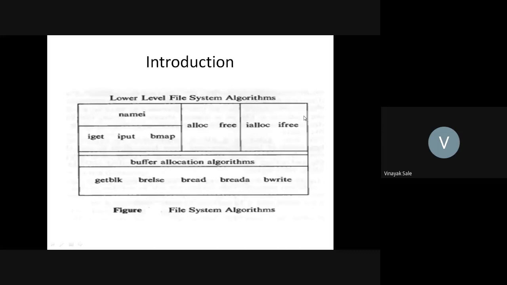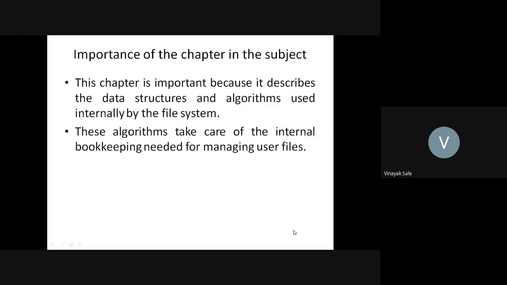These are lower level file system algorithms, and in the previous chapter we saw the buffer allocation algorithms. So what is the importance of this chapter in the subject?